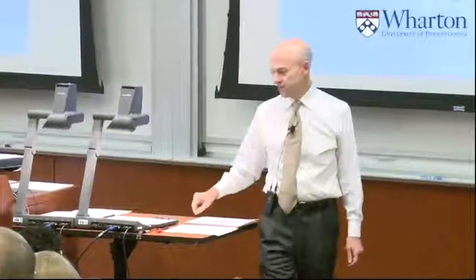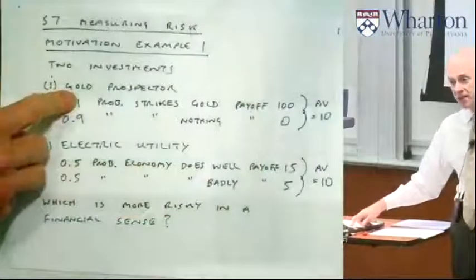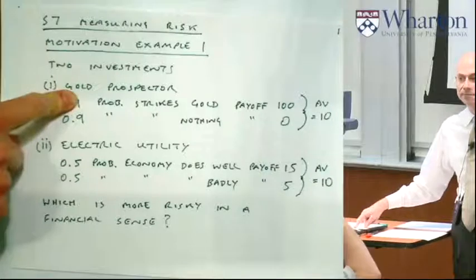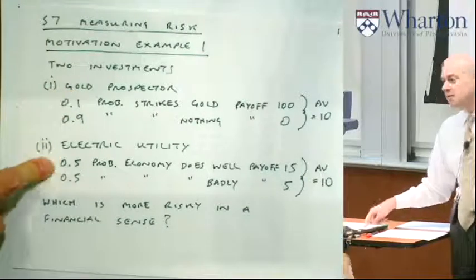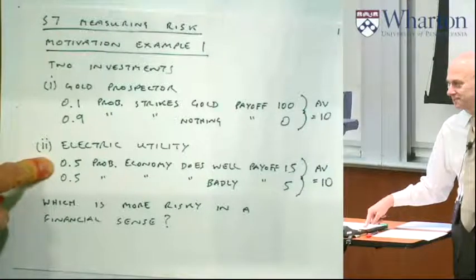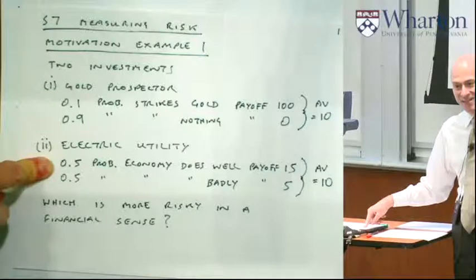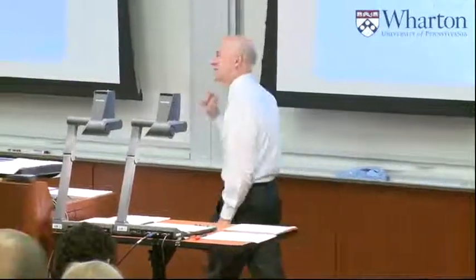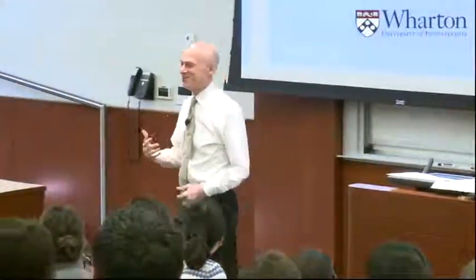So raise your hand if you think that the gold prospector is more risky. Okay, raise your hand if you think the electric utility is more risky. Okay, well, the correct answer is the electric utility. So how could that possibly be? How could it be such an obvious answer which is wrong?